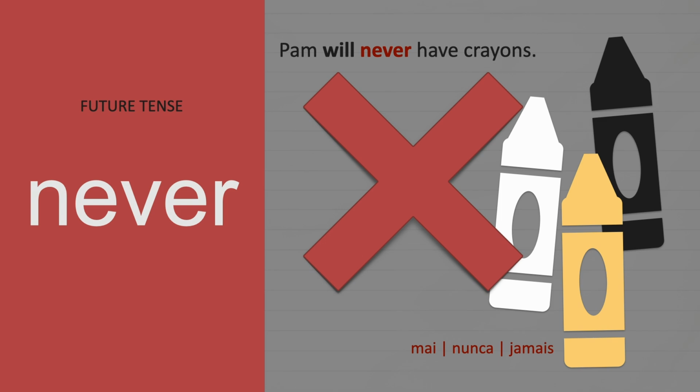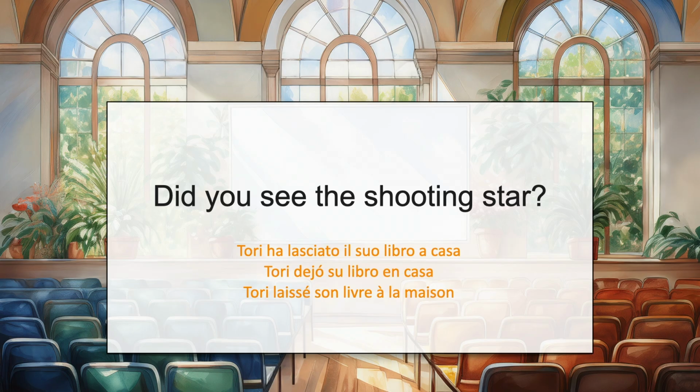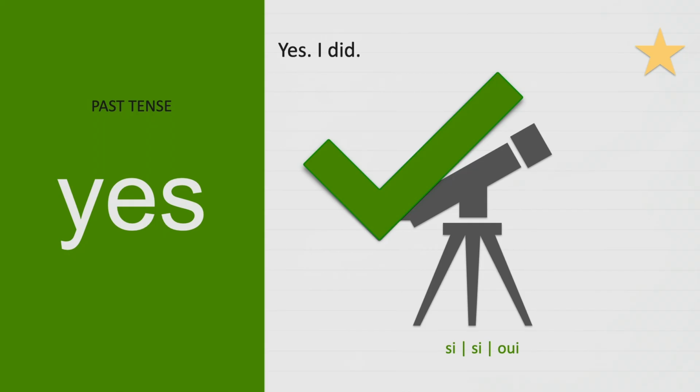All right, very good. You are getting the hang of this. So we're going to do one more quick example. The question is, did you see the shooting star? If you did, you can answer and say, yes, I did.